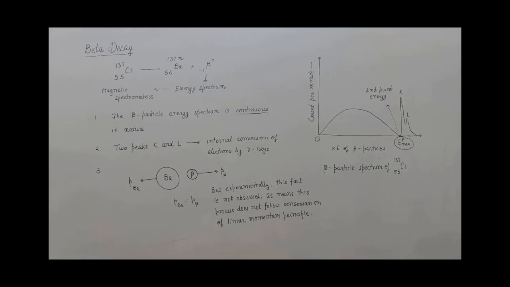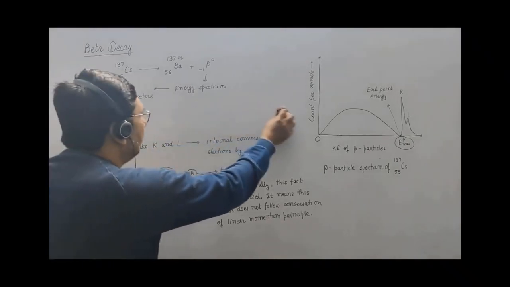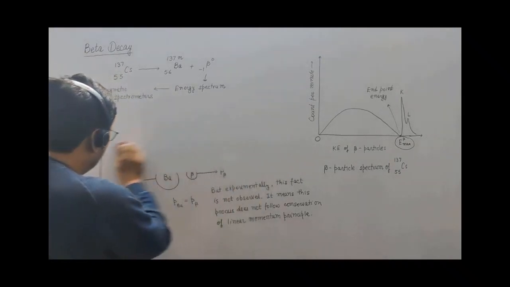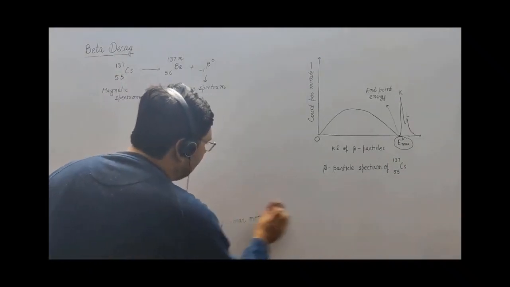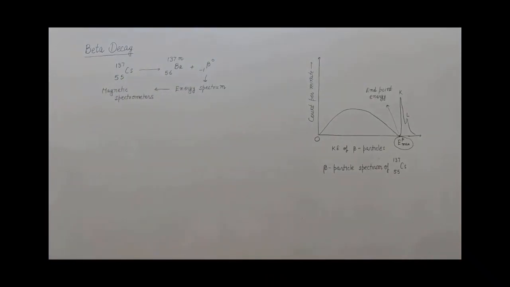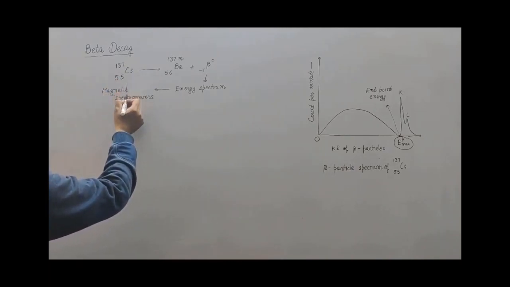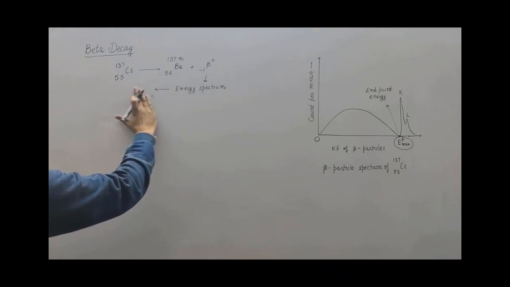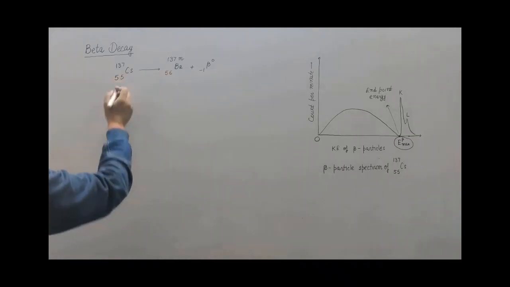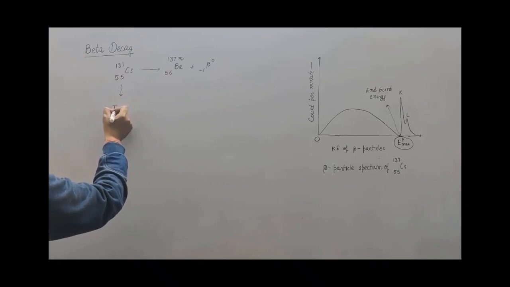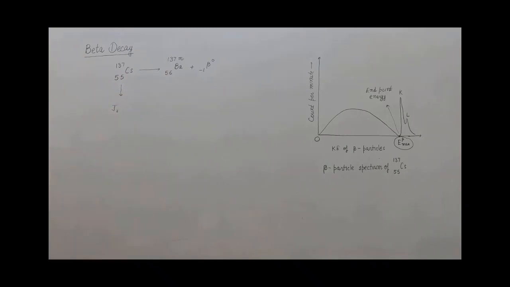Apart from this, there is another important aspect. The fourth point, which is observed experimentally or even theoretically, is that the ground state of this Cs nuclei has spin Ji equal to 7/2 H cross.